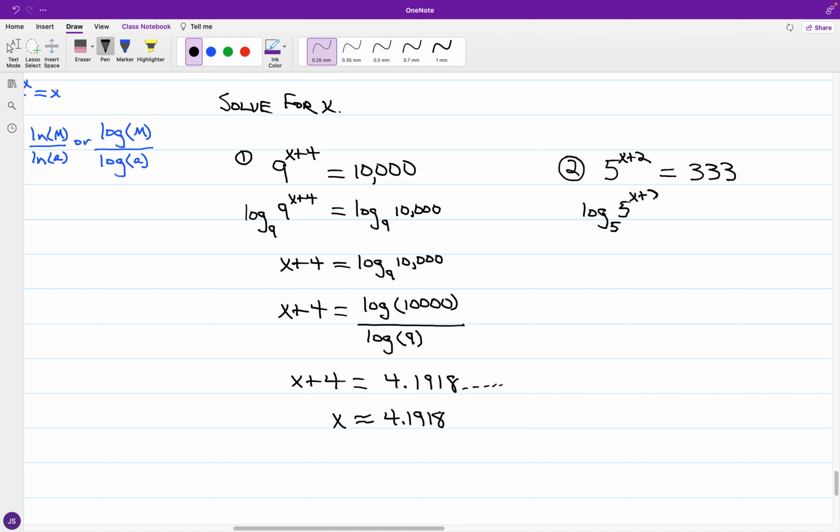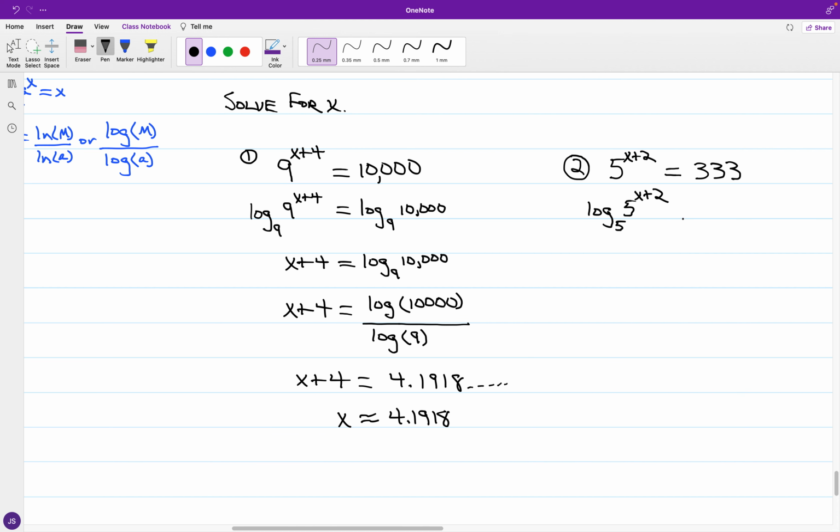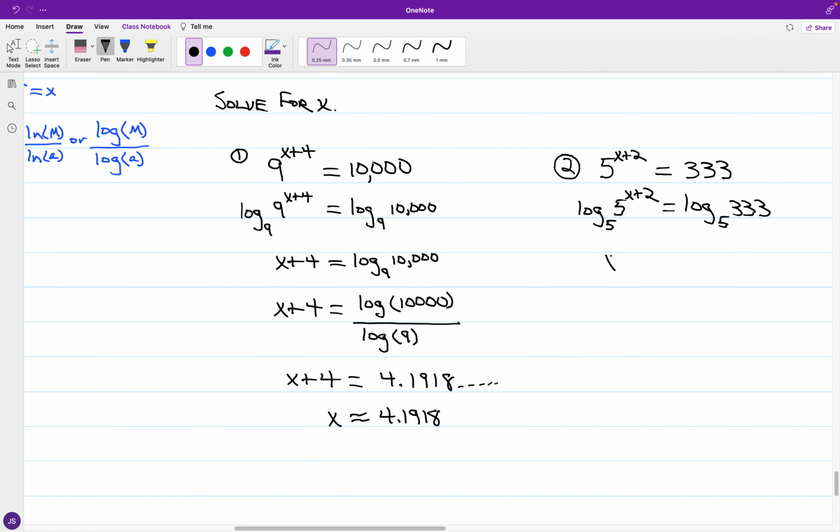I can take care of the exponential base 5 by taking the base 5 logarithm on both sides. On the left-hand side, we're going to have x plus 2 is equal to the base 5 logarithm of 333.